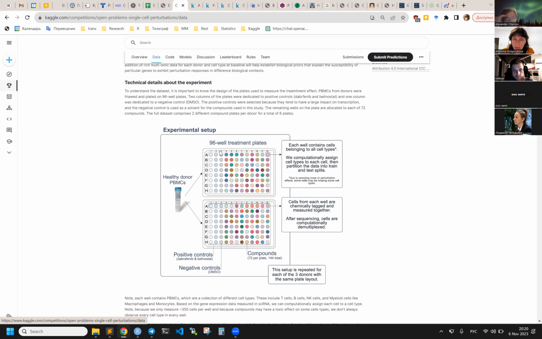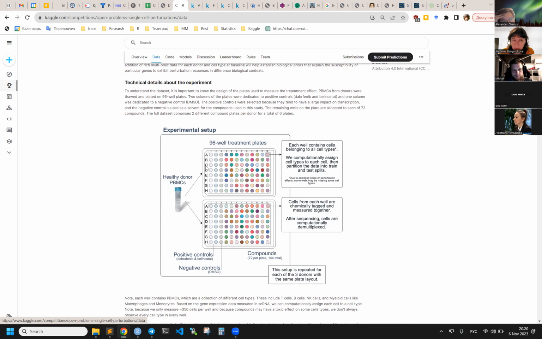So to get this, they somehow subtracted the effect of negative controls. So it's our confidence on how drug affects cell, and their analysis accounts for solvent.